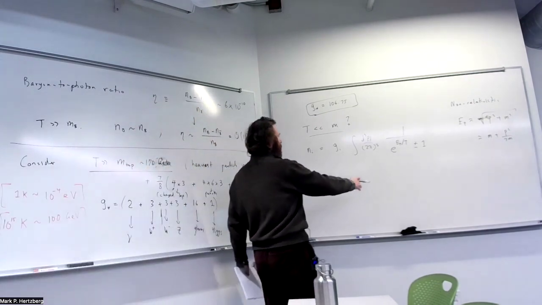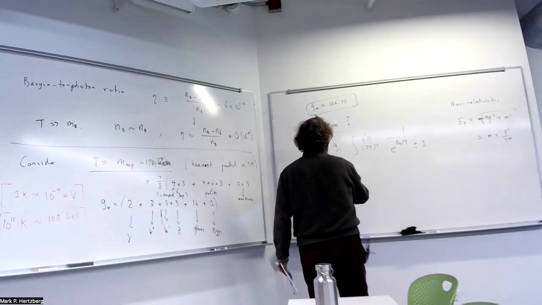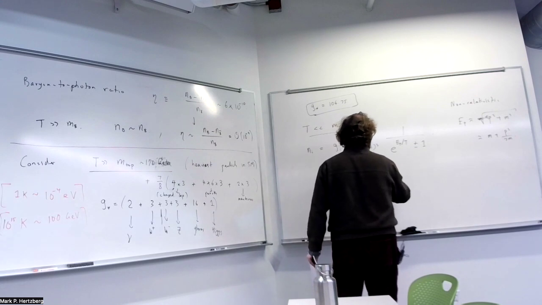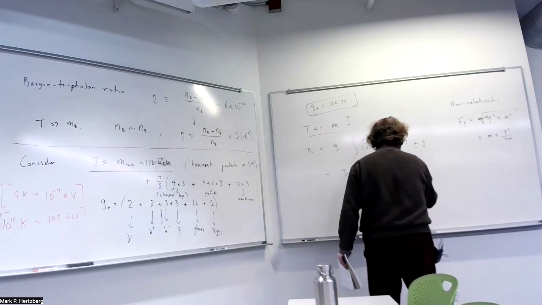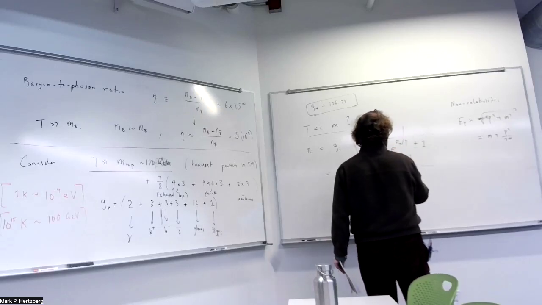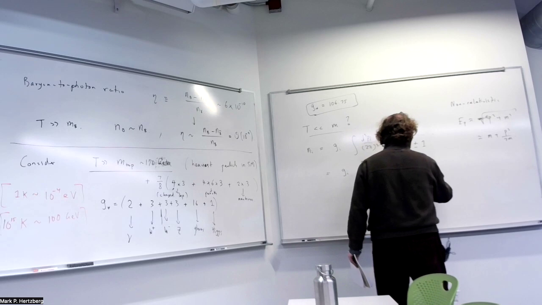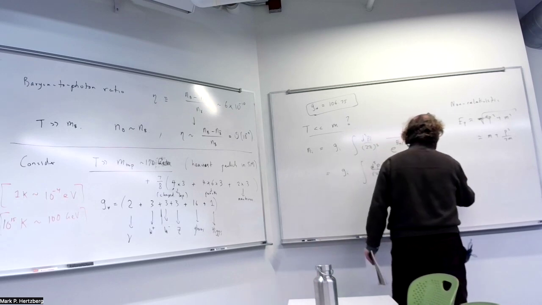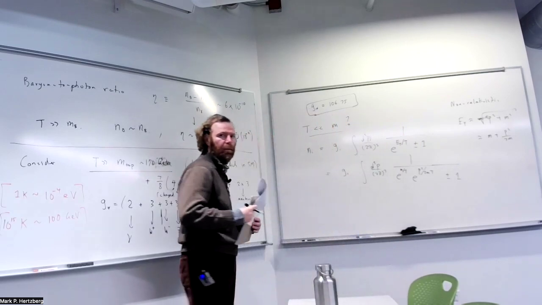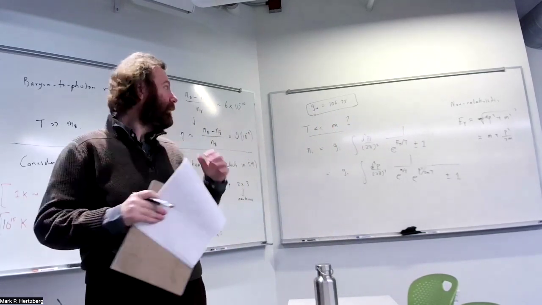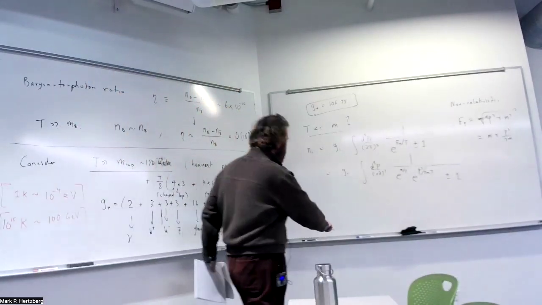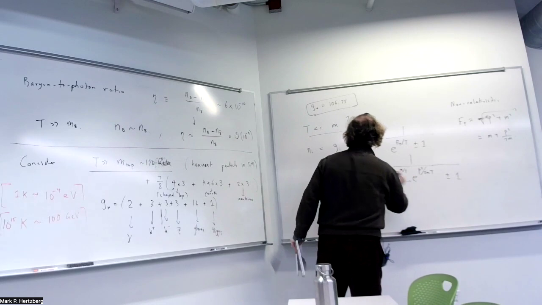Okay, so if I plug that in here, you see this has some big e to the m over T, and then an e to the p squared over 2mT, plus or minus 1. This e to the m over T is critical, because we're at low temperatures.